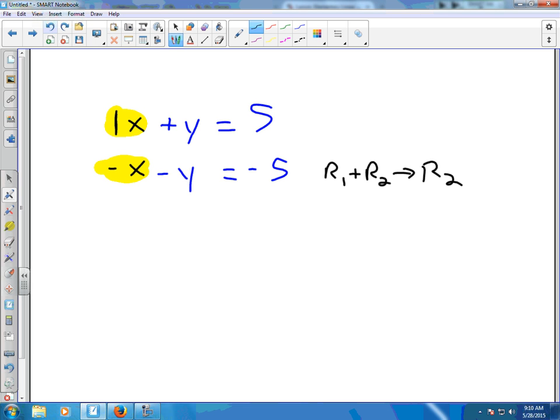So our first row, we're going to leave the same. If we add those two rows together, those cancel, give us 0 x's. Those cancel, give us 0 y's. So basically we have 0 on the left. If we add the right sides together, what do we get? 0.